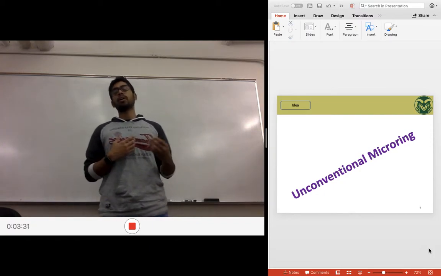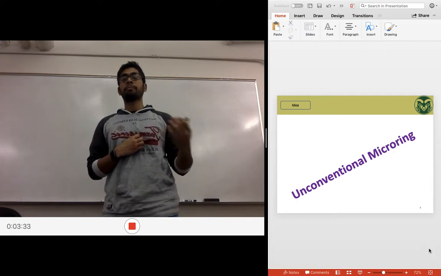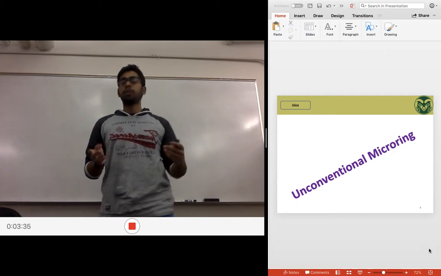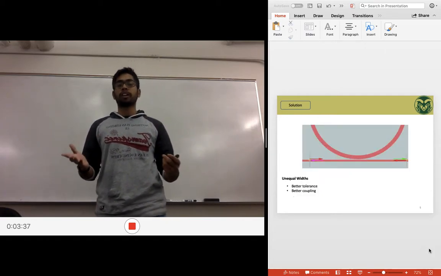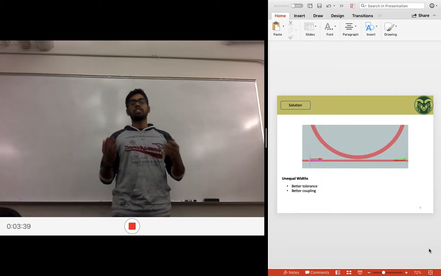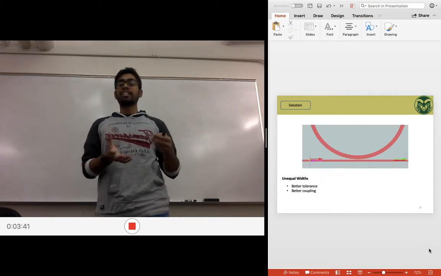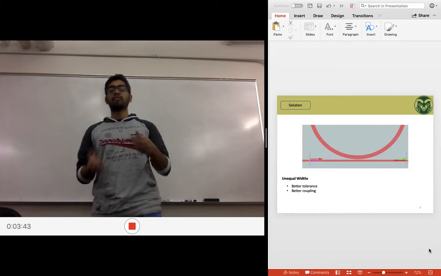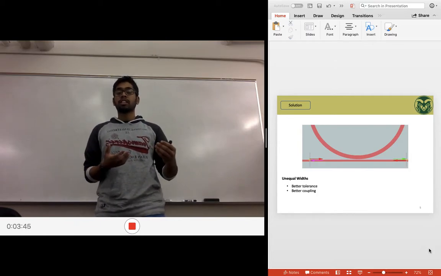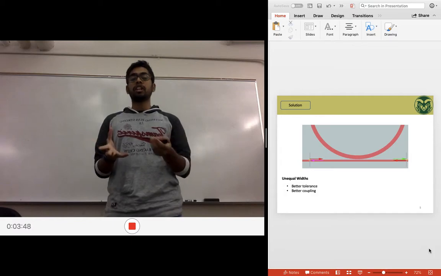Now, when I say the word unconventional microring, one might ask, what would be a conventional microring? In this figure that you see, if the width of the straight line and the curved line are the same, that would be considered a conventional microring.